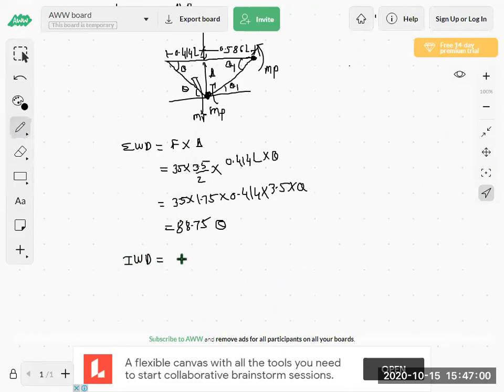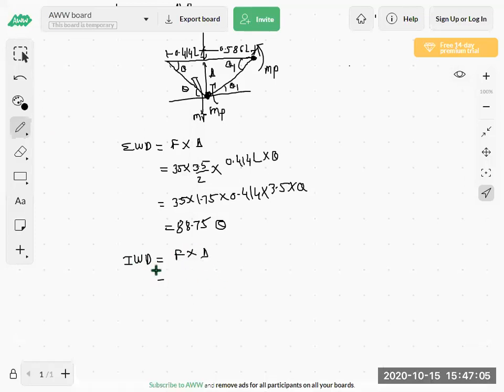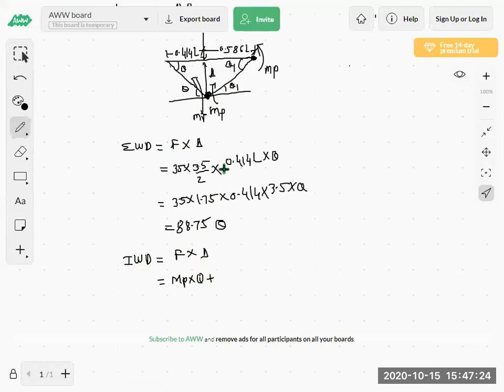Okay. Now calculate the internal work done. Internal work done is again force into displacement, but in internal work done, force is nothing but moment and displacement is nothing but rotation. How many MPs are there? Here 3 MPs are present. The first is MP into theta, the second MP into theta 1, plus the third MP into theta 1.